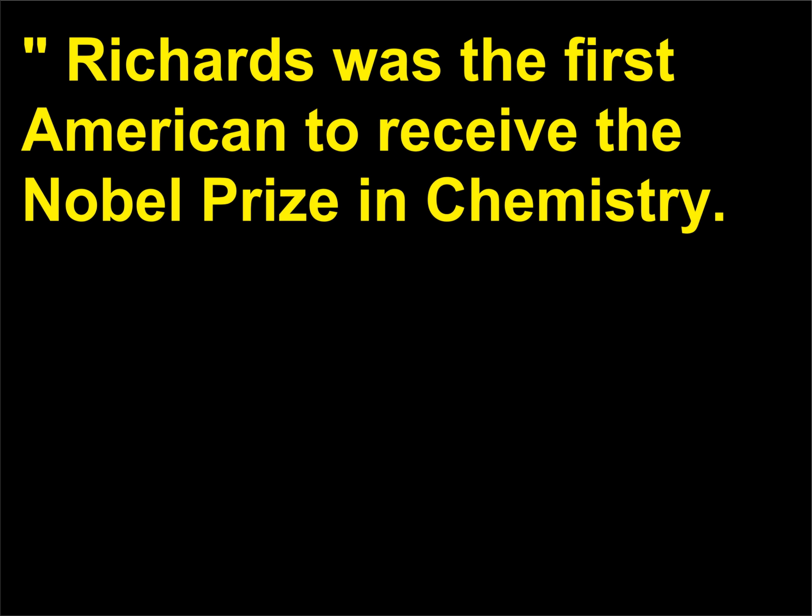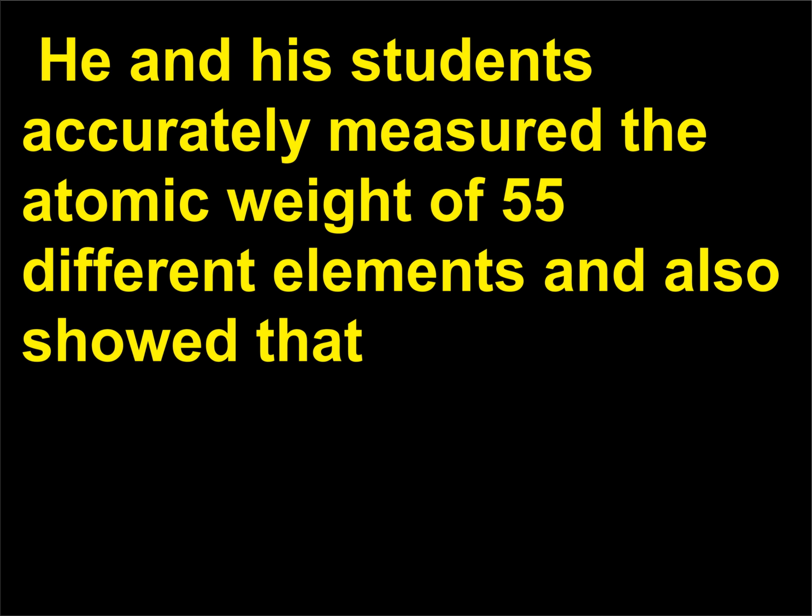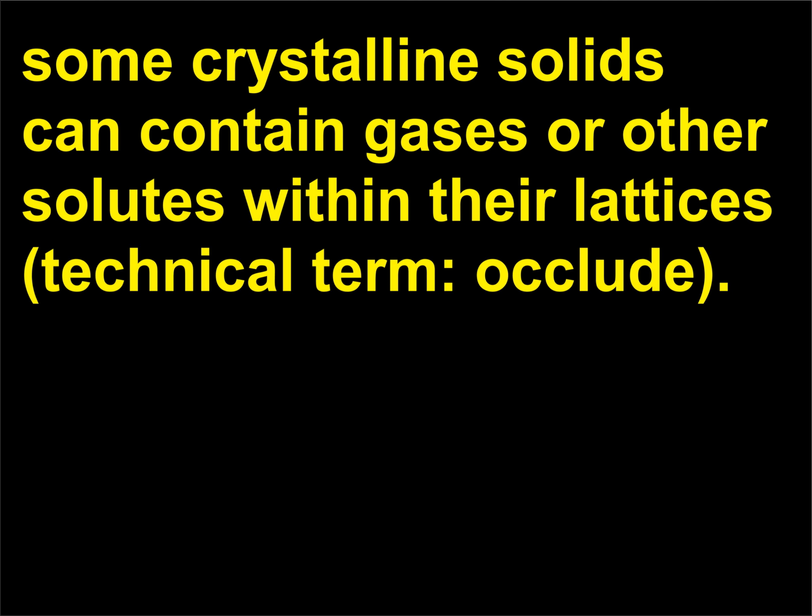Richards was the first American to receive the Nobel Prize in Chemistry. He and his students accurately measured the atomic weight of 55 different elements and also showed that some crystalline solids can contain gases or other solutes within their lattices, a phenomenon technically termed occlusion.